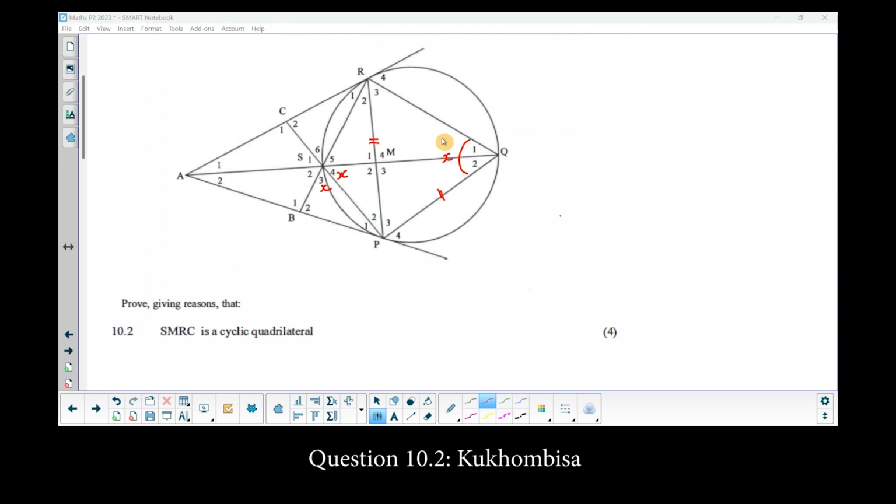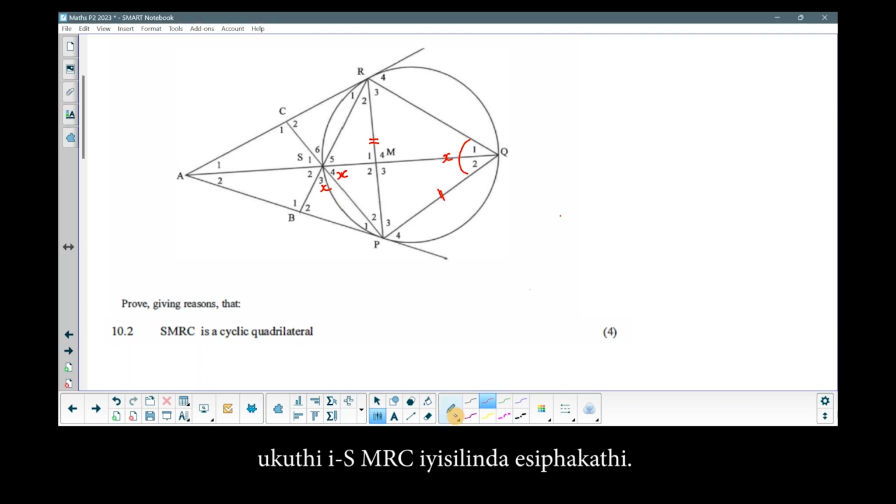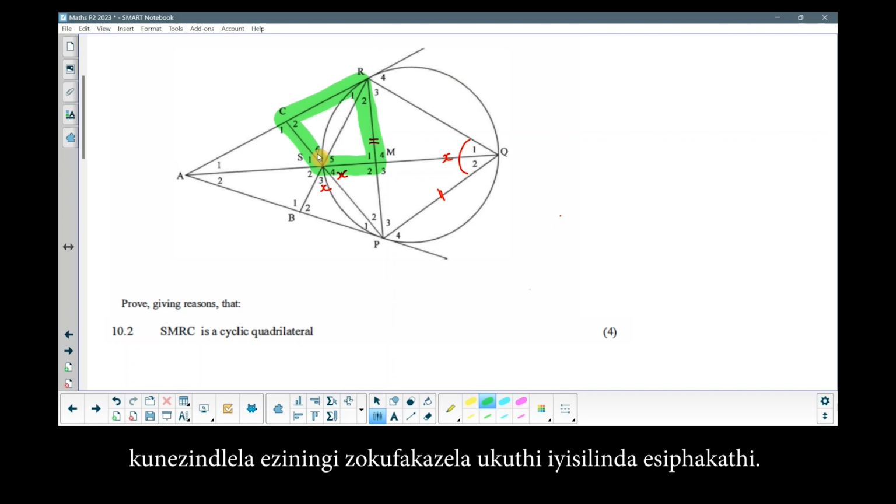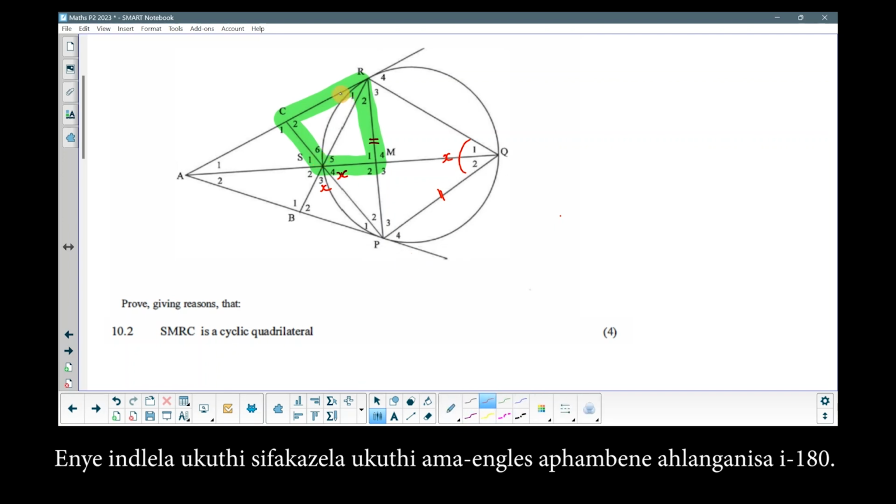Question 10.2. Prove that SMRC is a cyclic quadrilateral. We are looking at that quadrilateral there. So there's lots of ways to prove that it's a cyclic quadrilateral. One is that we prove that the opposite angles add up to 180.